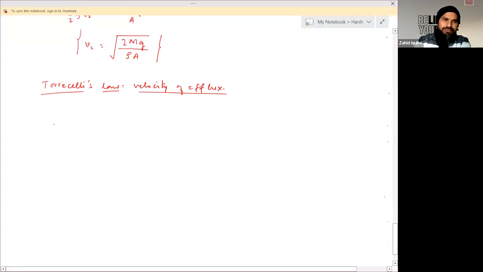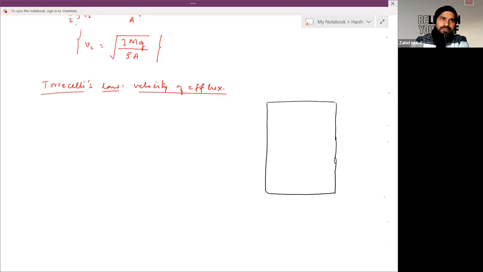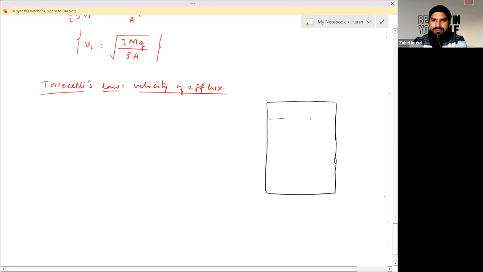Suppose I'm initially considering a closed tank. Another hole is cut out at this point. The level of liquid in this particular tank is up to this mark.